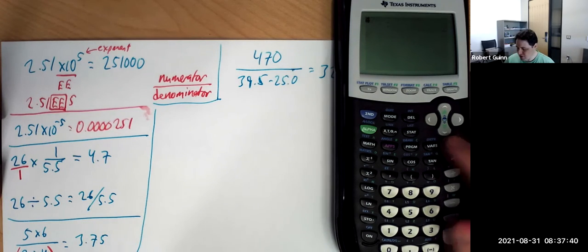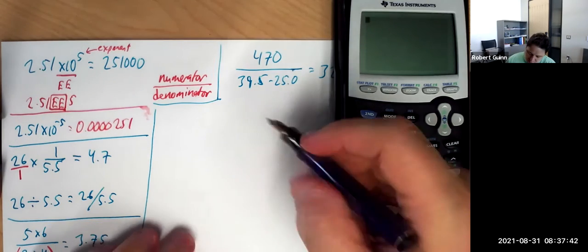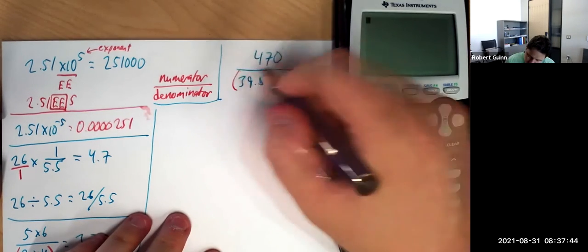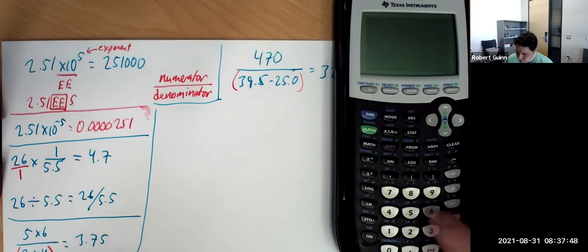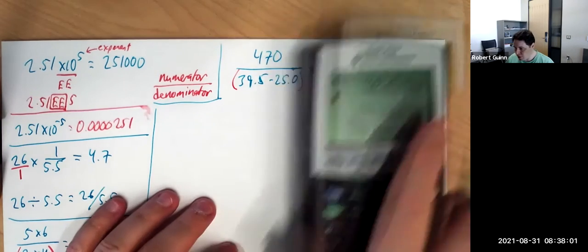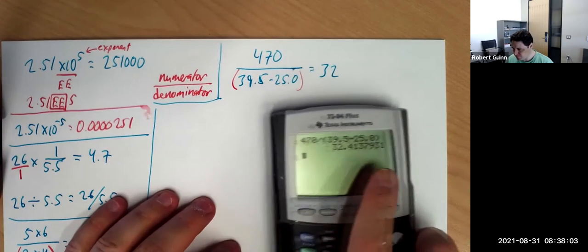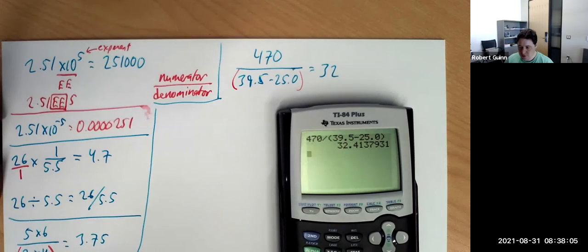Once again, what happened is that the 25 ended up in the numerator, so we have to use some parentheses to get around that. So 470 divided by left parenthesis 39.5 minus 25.0 right parenthesis. And now we hit enter, and we get 32 as we were supposed to.